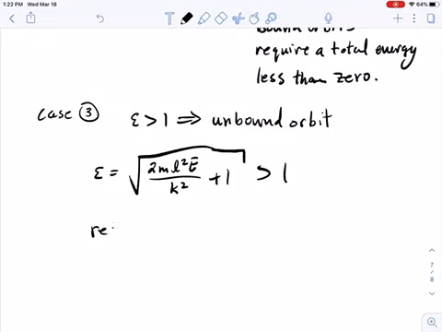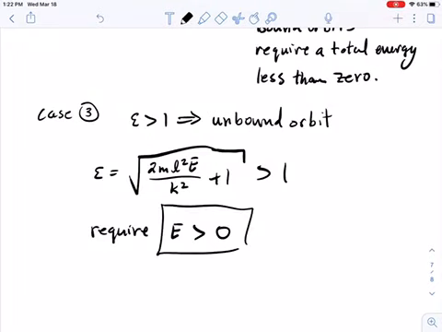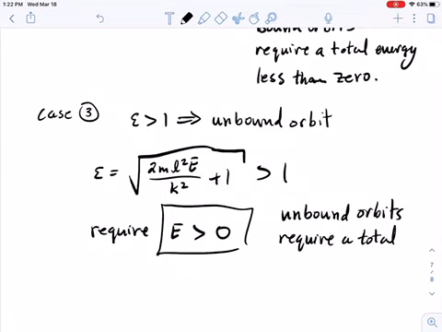So this requires E greater than 0, or positive. So unbound orbits require a total energy that's greater than 0, positive.